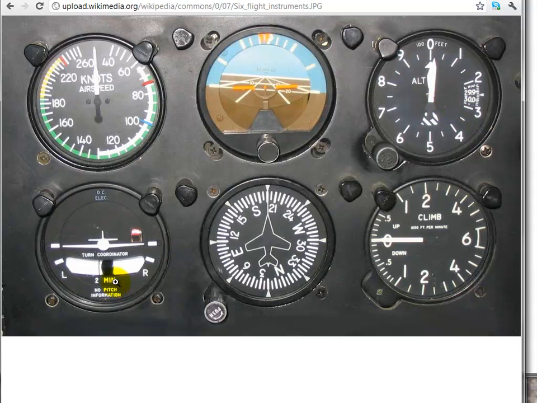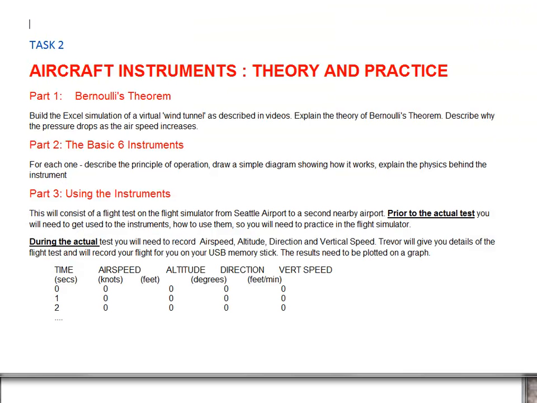In the bottom left we've got the turn coordinator. In the bottom middle we have the direction indicator, and on the bottom right we have the vertical speed indicator. And we're going to look at these 6 and we're going to find out how they work.